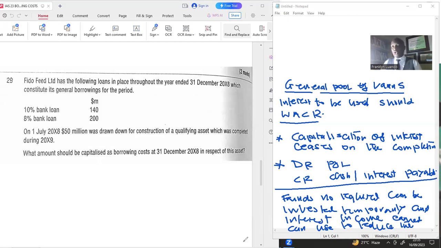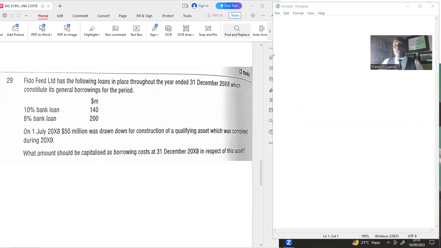So now I also want to demonstrate what will be the journal entries or the double entry. So here we are earning the income. So we are going to debit cash if it is received.